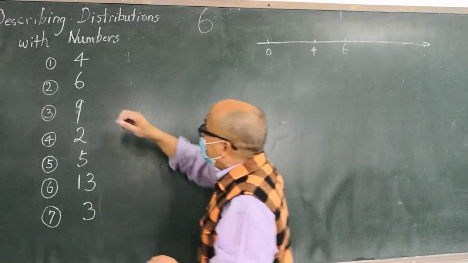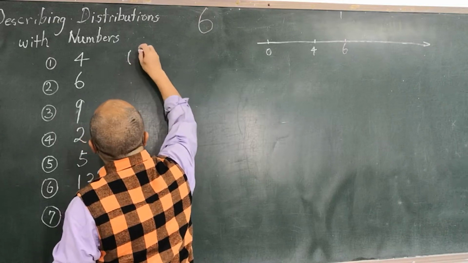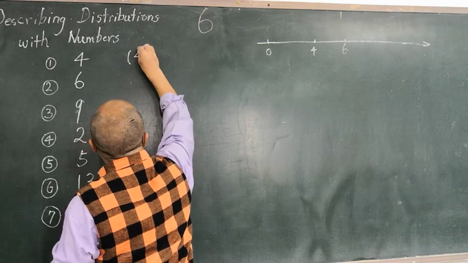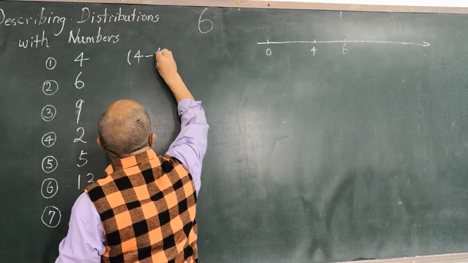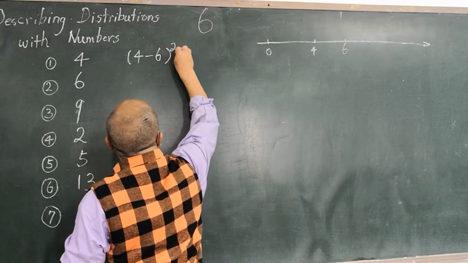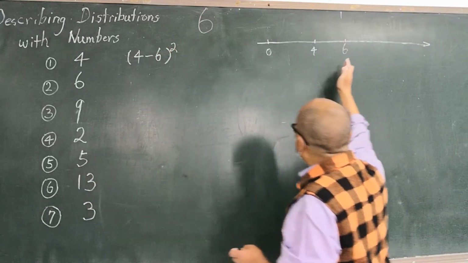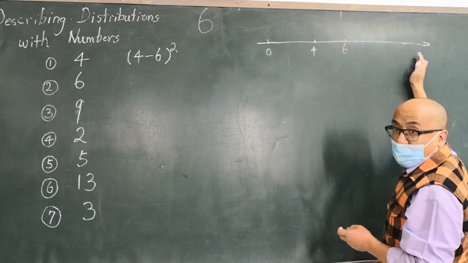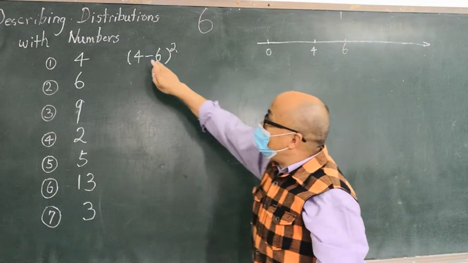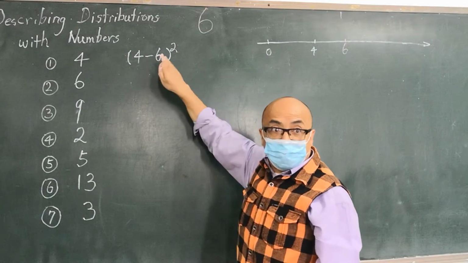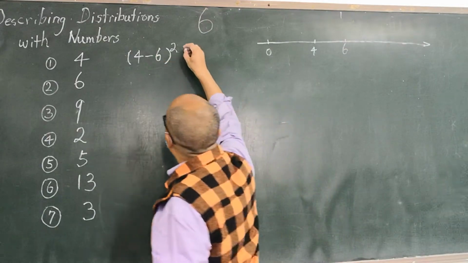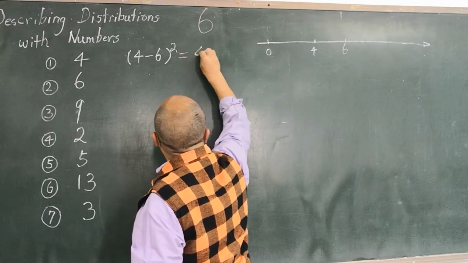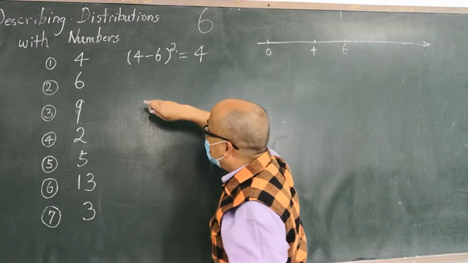And we don't like that, so we make it a square. So it doesn't matter whether it's on the left or on the right. So -2 squared is what? It's 4. This is in your book, okay?